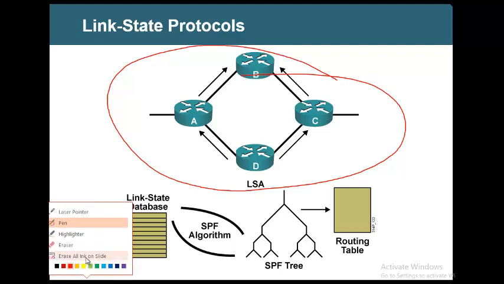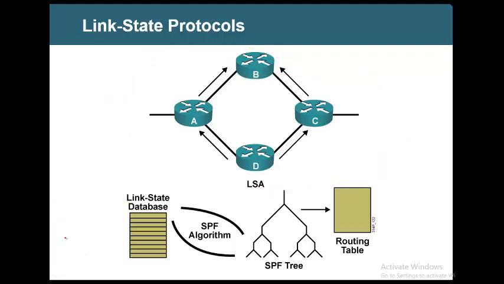When the link state advertisement is given, instead of giving the routing table, each router will know about all other routers and their links without any link missing. That's not possible in a distance vector protocol.